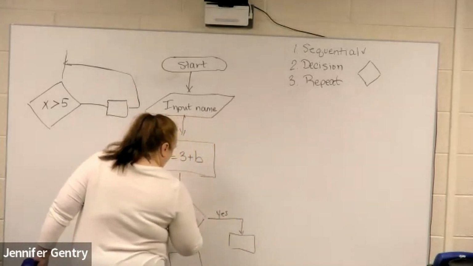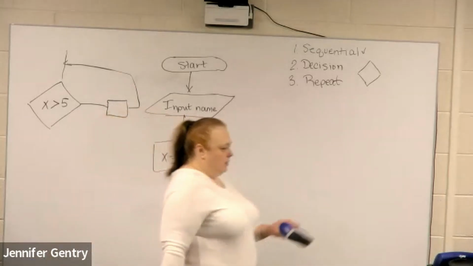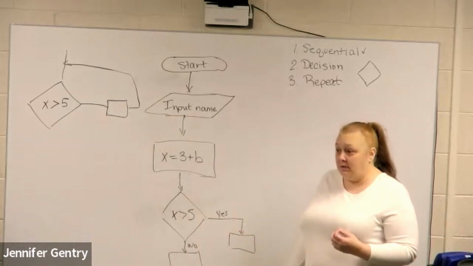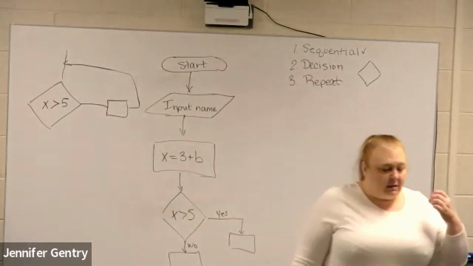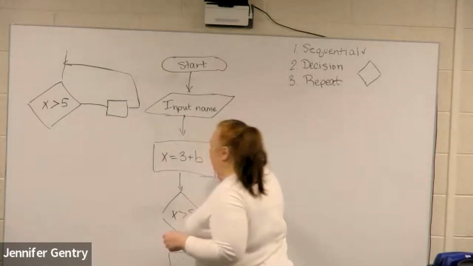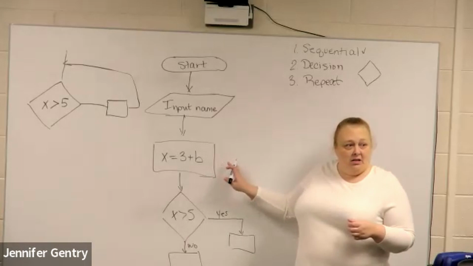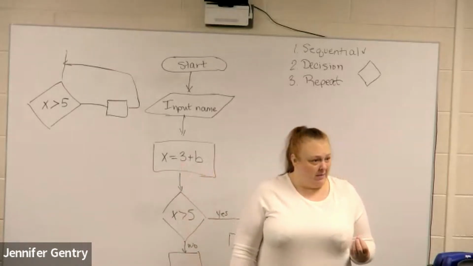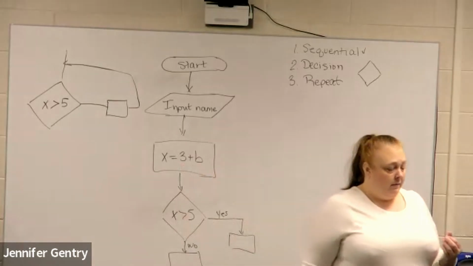Is X greater than 5? Okay. So you can see how I'm putting notation in those shapes to expand on what I already know. The shape is going to give me the action. What's in it is going to give me the info. Does that make sense?